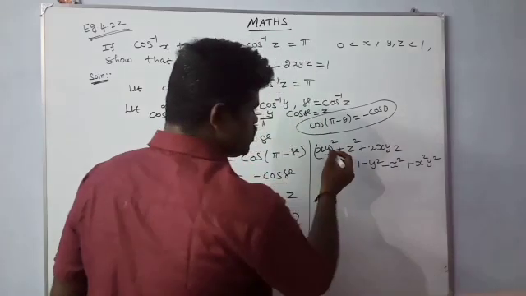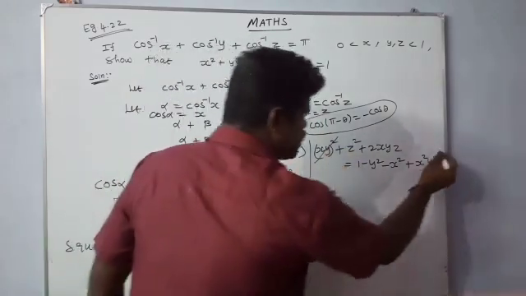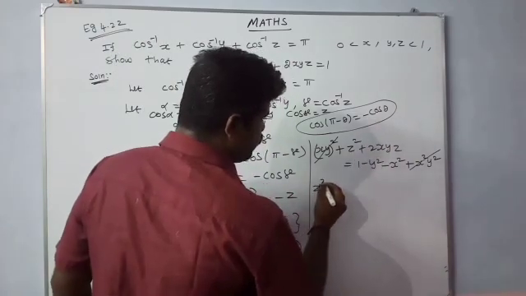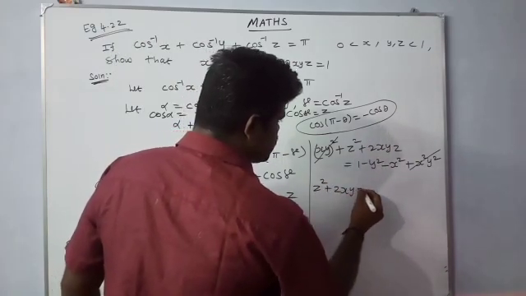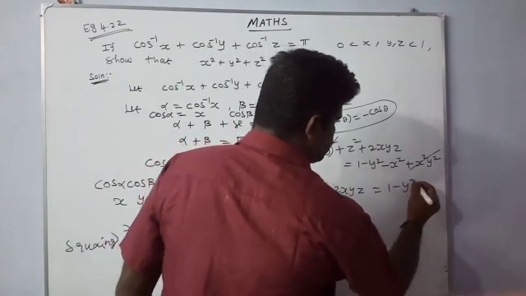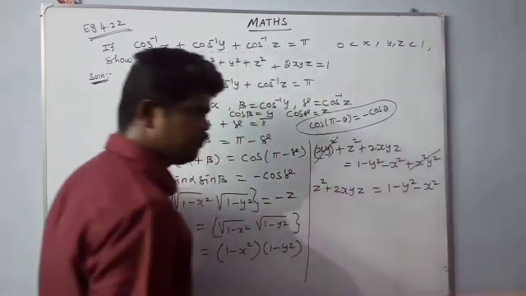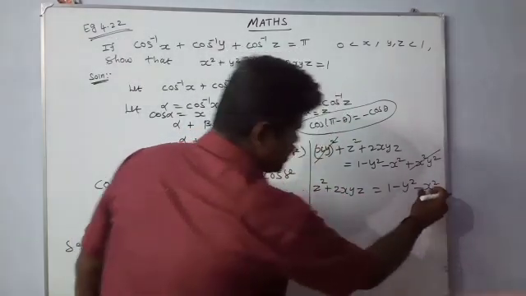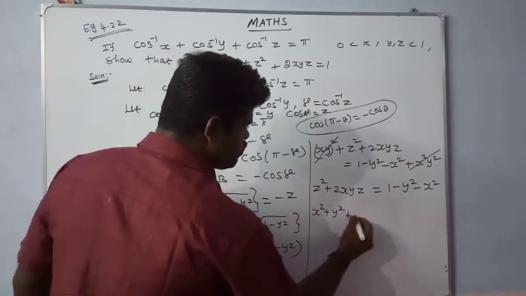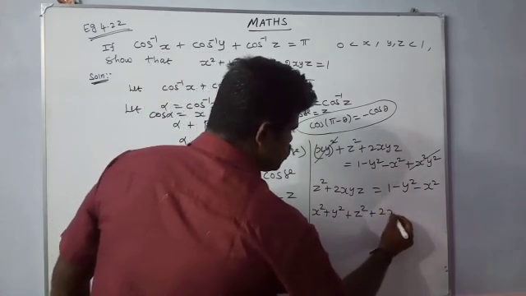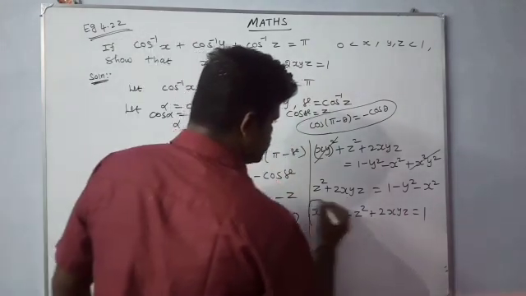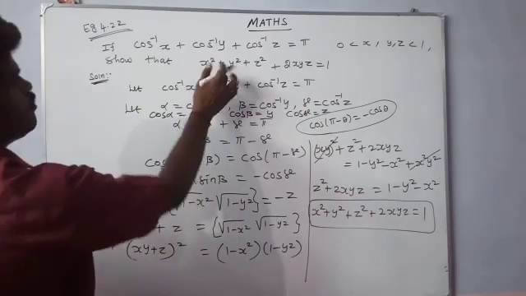Here xy the whole square means x square y square, so cancel this term and that term. Z square plus 2xyz equals 1 minus y square minus x square. Take minus y square minus x square to this side. What is the value? x square plus y square plus z square plus 2xyz equals 1. So this is the required proof.